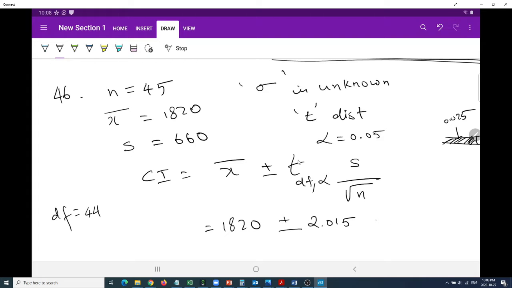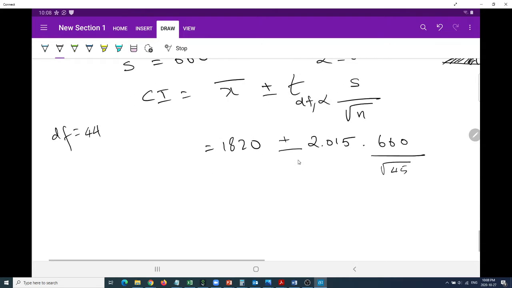The standard deviation is 660 divided by the square root of n. This is your answer and your confidence interval. This would give you an answer of, I think, 1622 as your lower end, and your higher end is going to be 2018.